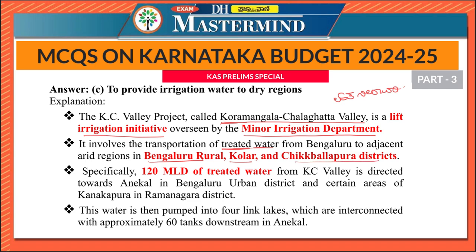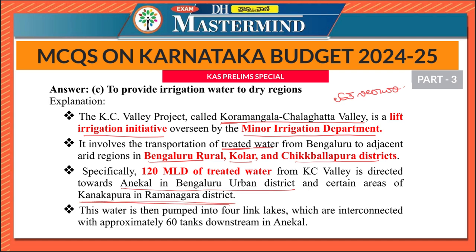Specifically, 120 MLD of treated water from KC Valley is directed towards Anekal in Bengaluru urban district and certain areas of Kanakapura in Ramanagara district. This is also very, very important.